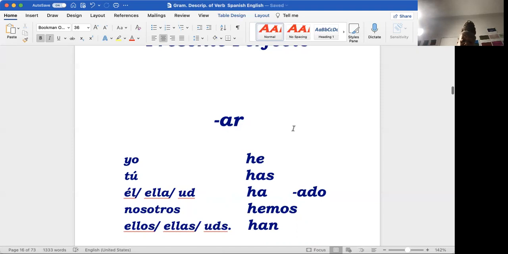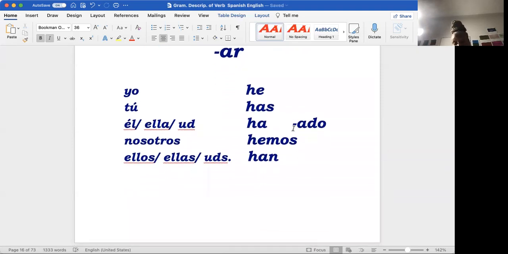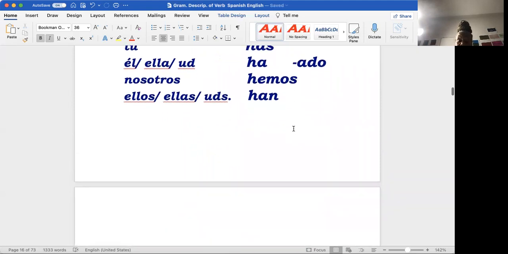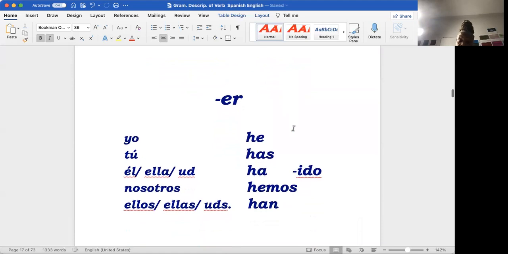Then you have to say, well, the verb I'm talking about doesn't end in AR. The verb ends in ER. So let's go down. You still have the same haber, because haber remains constant, because haber is used in the perfect forms in Spanish, like have is used in the perfect forms in English.